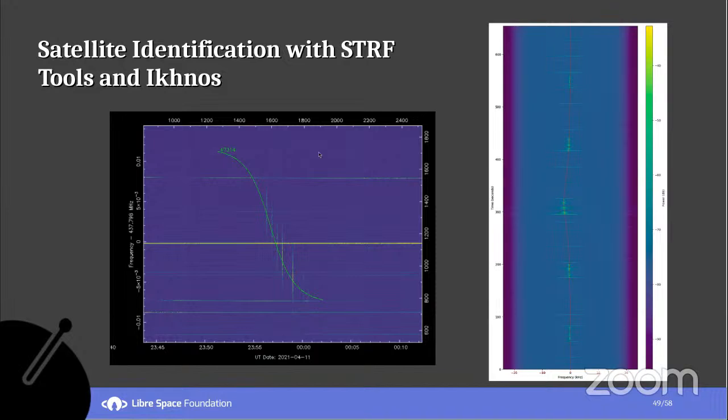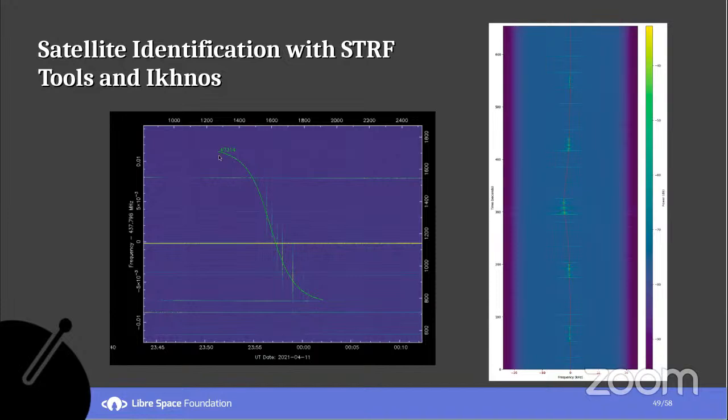So what we do is draw the expected curve for this object, and if this goes over the signal we observe for the satellite, then we can identify the satellite.